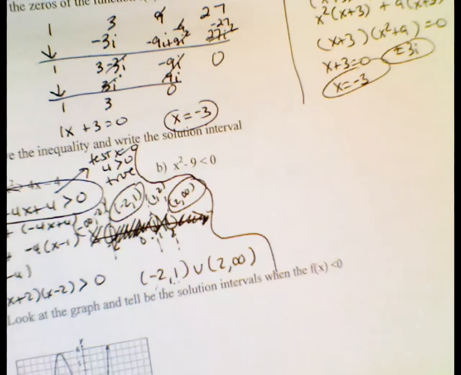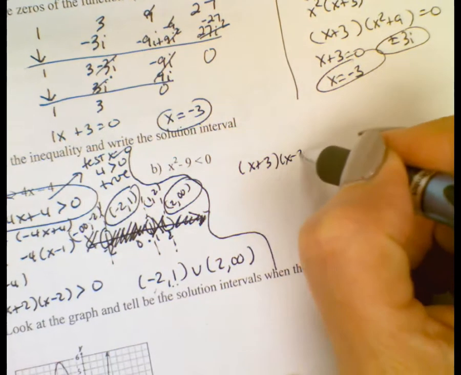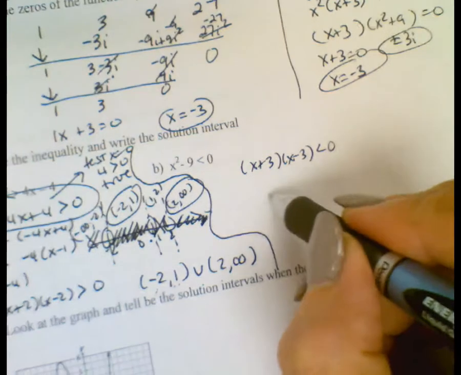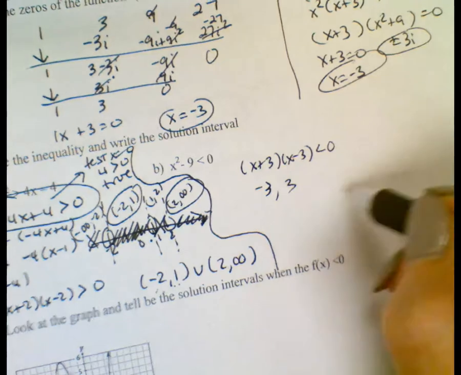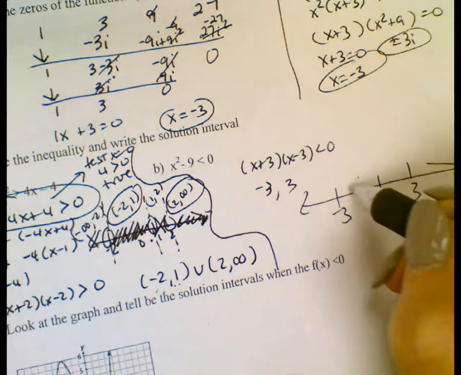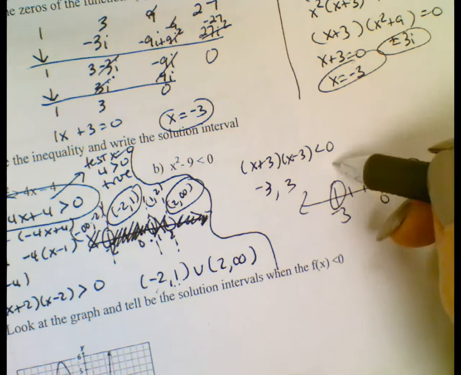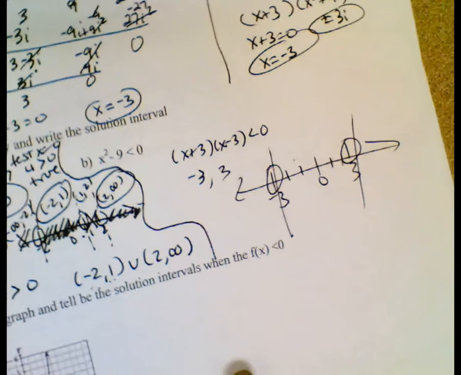Boom. So this next one is just x plus 3, x minus 3. When is it less than 0? So our zeros are negative 3 and 3. And we went open circles on these. And it divides it into 3 sections.